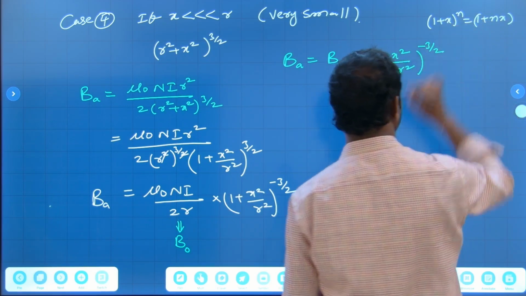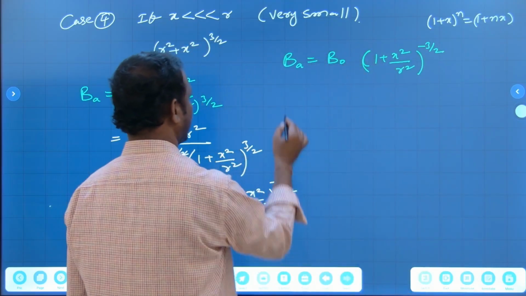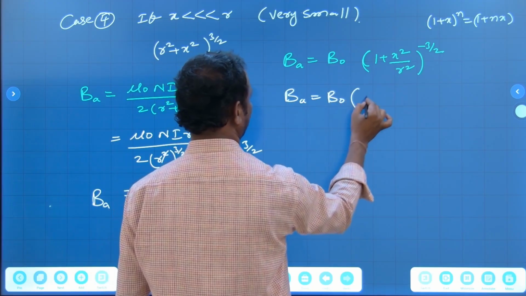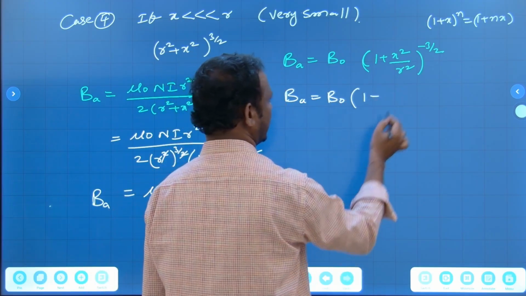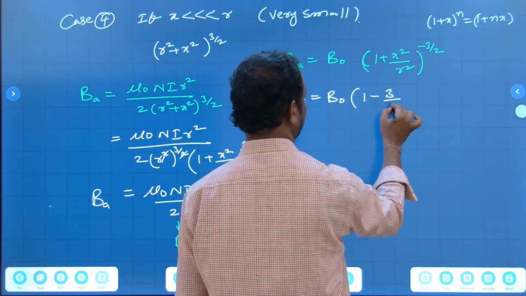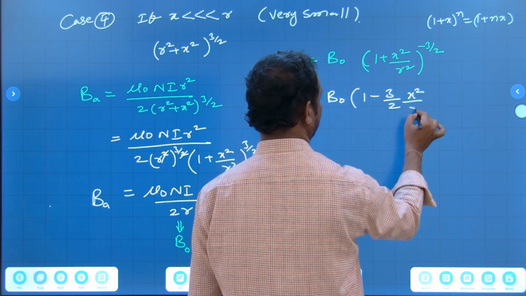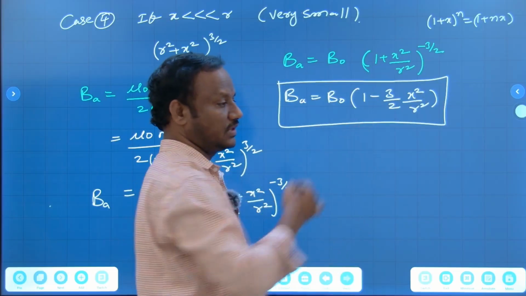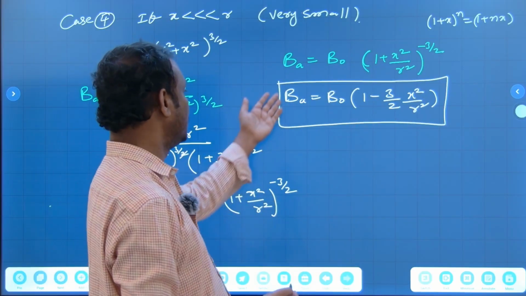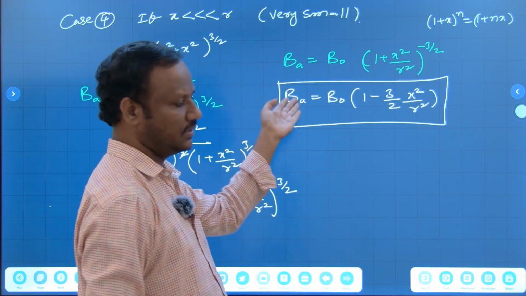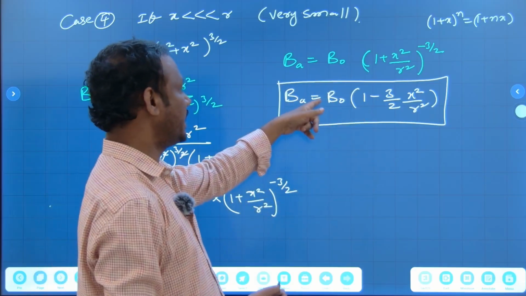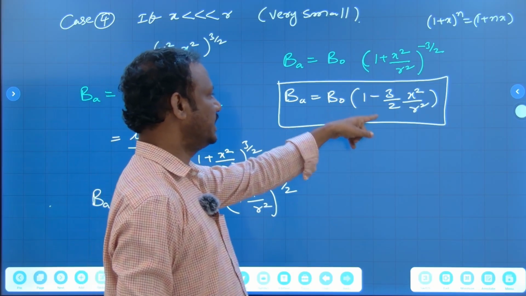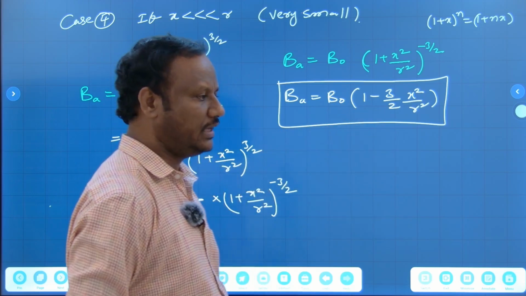So B axial is equal to B naught times 1 minus 3 by 2 x square by r square. Like previous questions, what is the ratio between the magnetic field at a point on the axis to the magnetic field at its center? B axial by B naught is equal to 1 minus 3 by 2 x square by r square.